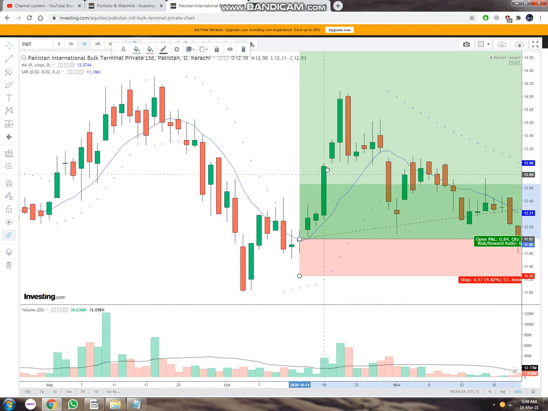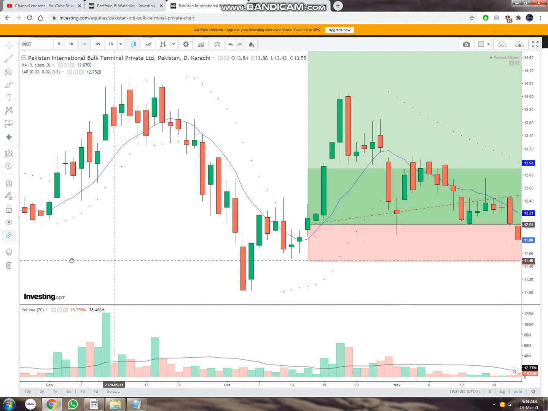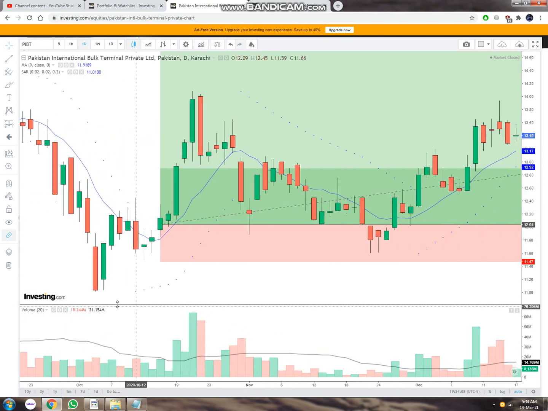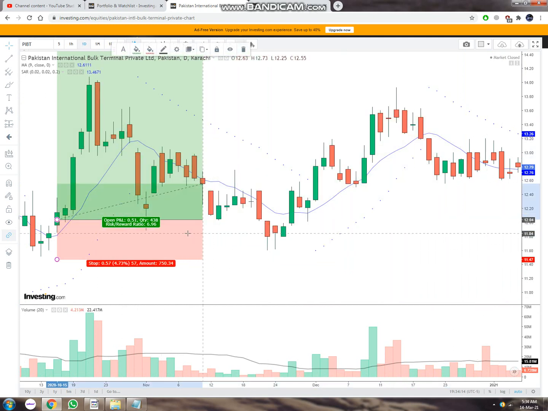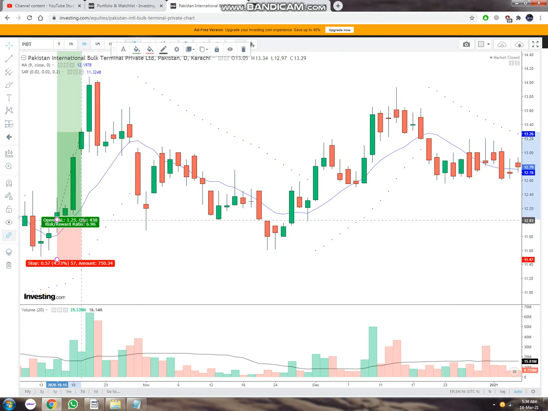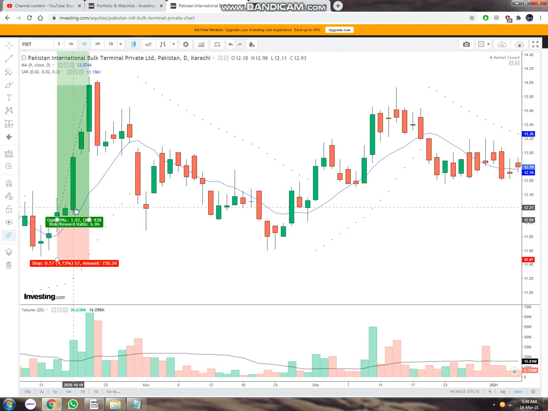Now what about this one? If you enter at this level, how much will be your price? If I consider it up till here, it would be 43%, or how much?